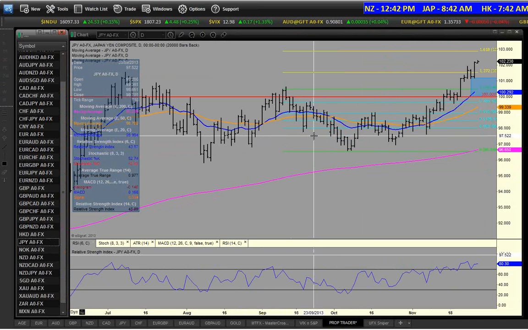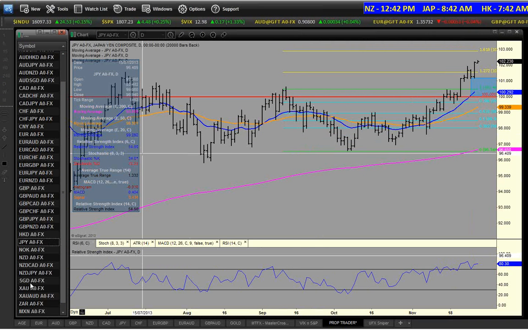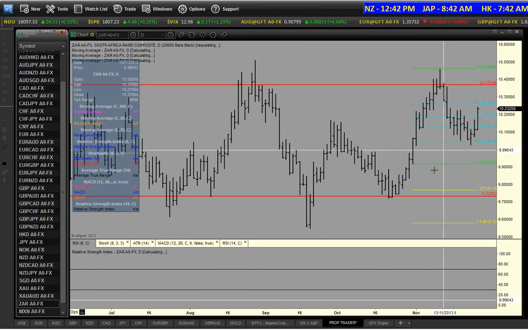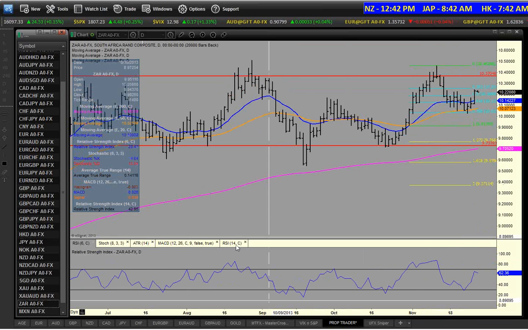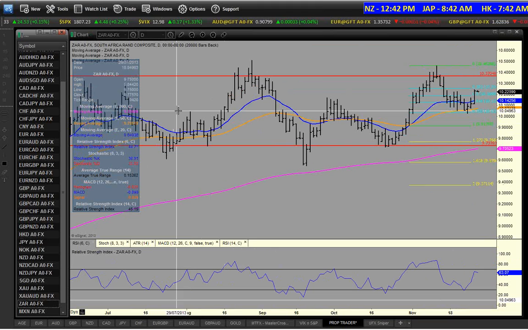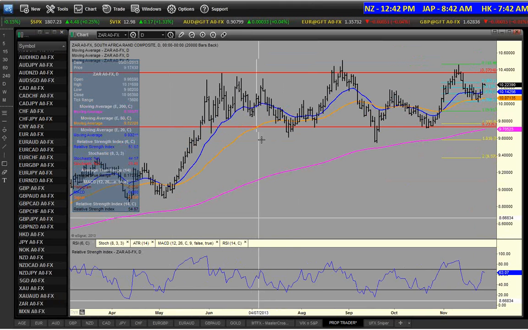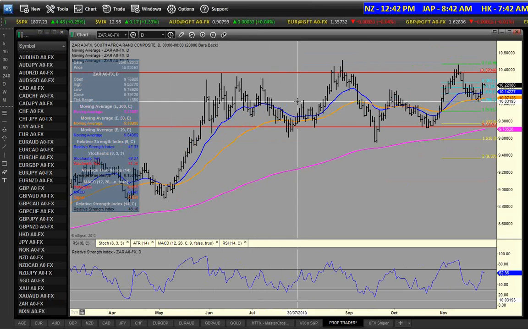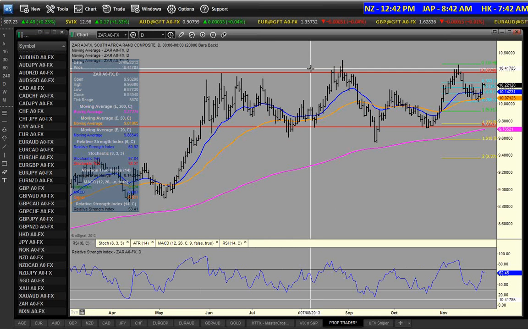Can you review horizontal support on the rand? Where was horizontal support here? I've got a few highs across here. It's not strong support, but in phase 1 trading you don't need strong support. Phase 2 trading you must have strong.